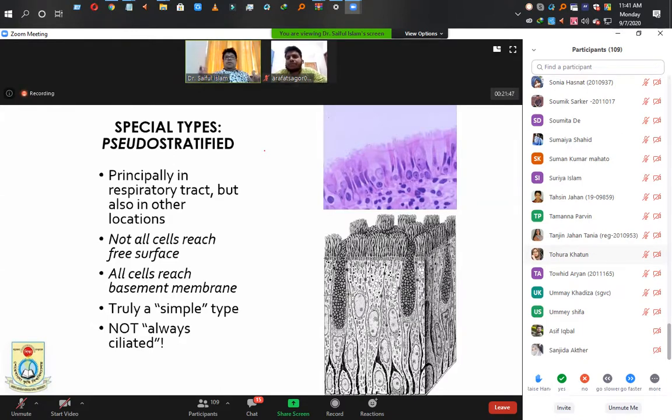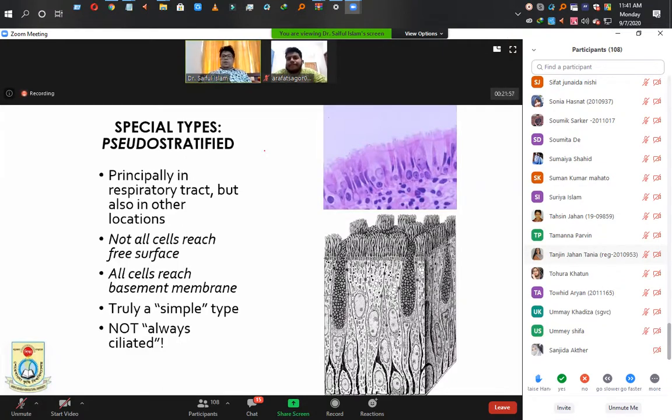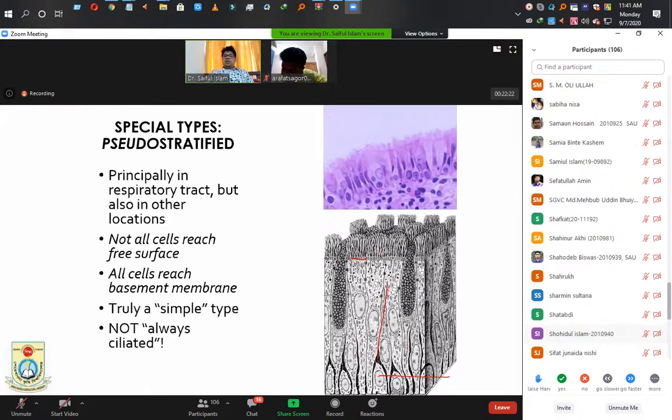You know that simple epithelium is a single layer. But if the arrangement looks as though it is stratified, then we call it pseudostratified. It means that not all cells can reach the surface. This is the surface. Look at the basal cell, the cell located near the base: it cannot reach the cell surface.